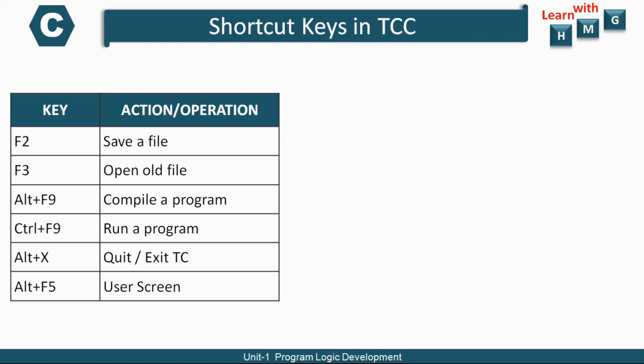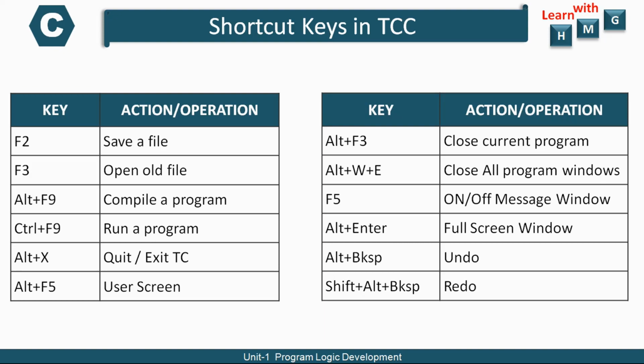To quit or exit from Turbo C, press Alt X. To display the user screen or the output screen, which is generated after running your program, you can switch over to it using the Alt F5 key. Then if you want to close the current program window, use Alt F3.